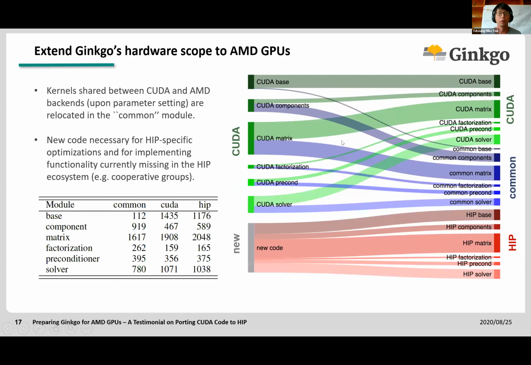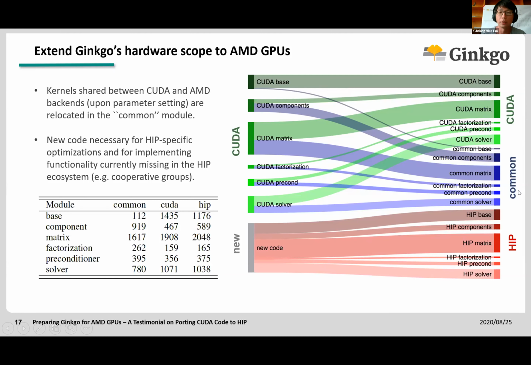Yeah. So after that, we give our analysis of the Ginkgo code. Originally we have CUDA and other stuff, and we add some new code here. After that, we move the shared kernel to the common folder, and some parameters and specific implementation in CUDA here, and also the new code, almost all for HIP, including our implementation for cooperative group.